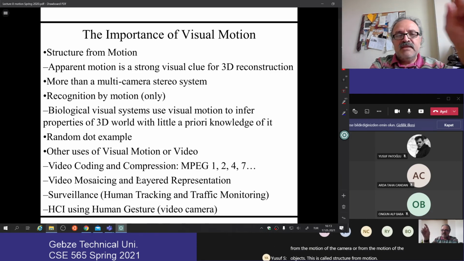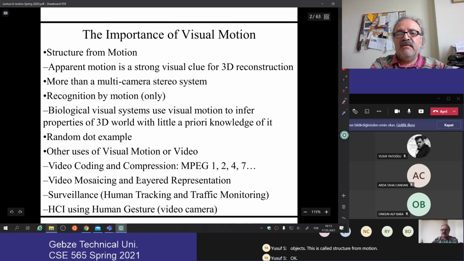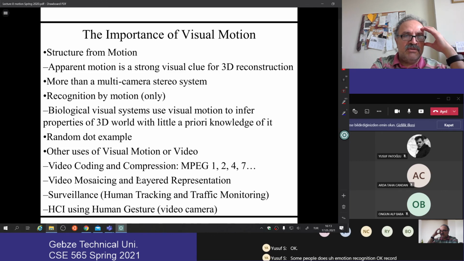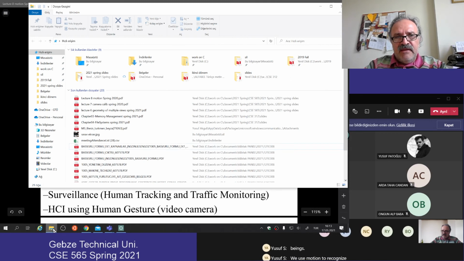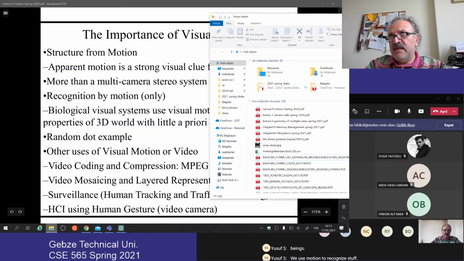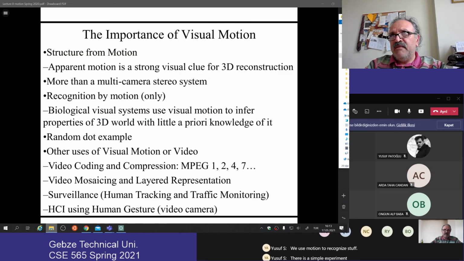Some people do motion recognition, recognition by motion. In fact, we do this a lot as human beings. We use motion to recognize stuff. There is a simple experiment that people have been doing for a long time.